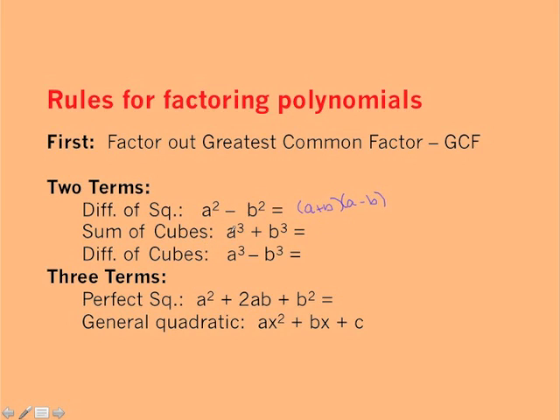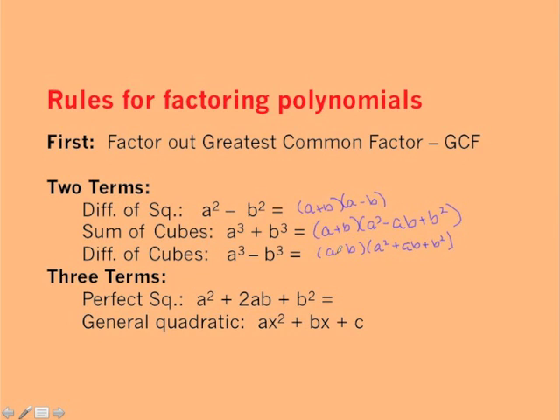If it is a sum of cubes, a cubed plus b cubed, then it factors into a plus b times a squared minus ab plus b squared. If it's a difference of cubes, a cubed minus b cubed, that factors into a minus b times a squared plus ab plus b squared.